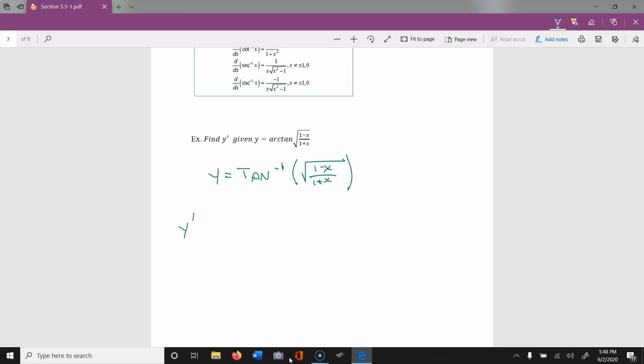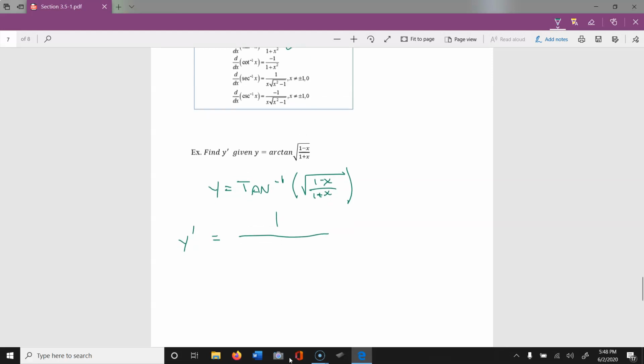So y prime is 1 over 1 plus x squared, where this is my x right here. But then by the chain rule, I have to do what?